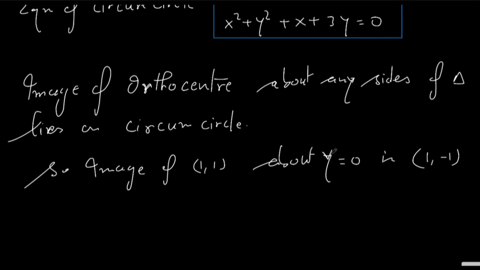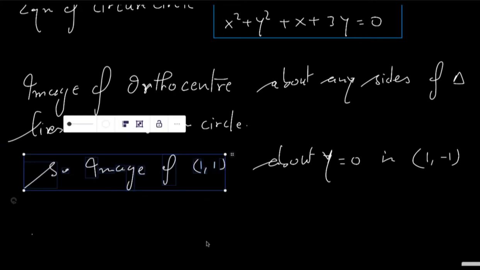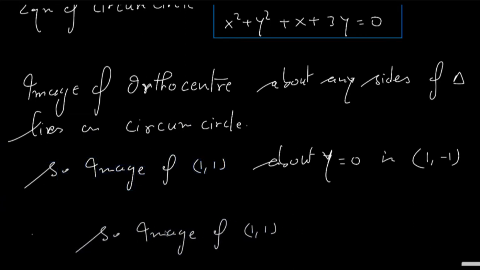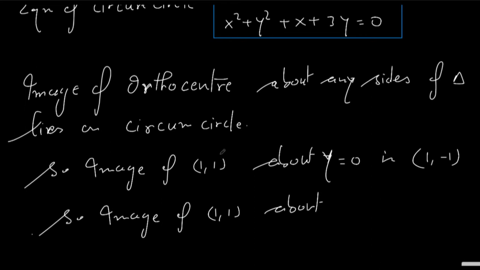One of the sides is given, that is the x-axis, and for the other, the image of 1, 1 about the other line given in the question, x plus y plus 1 equal to 0.